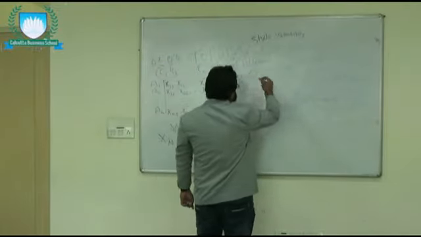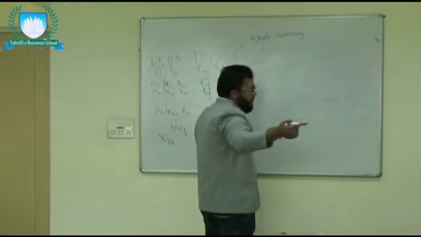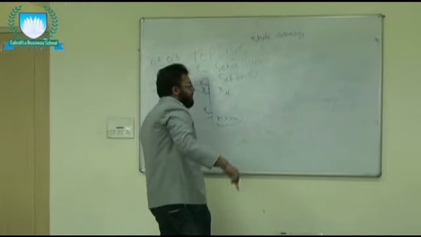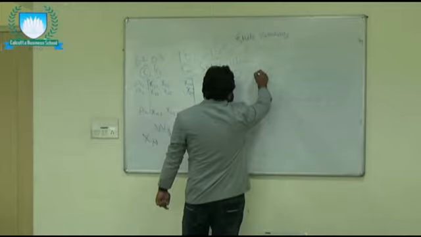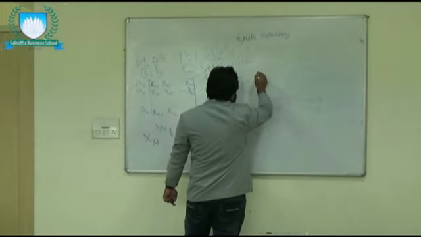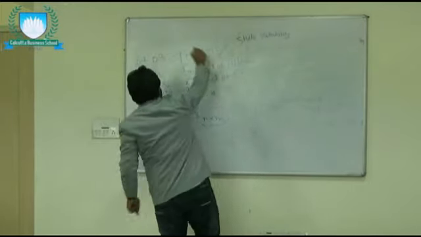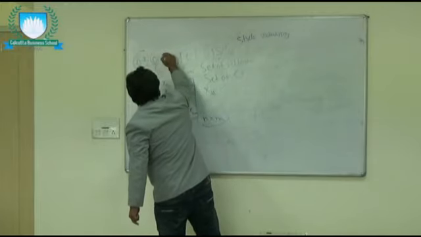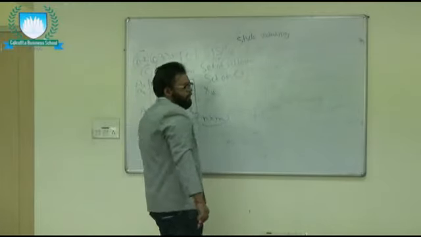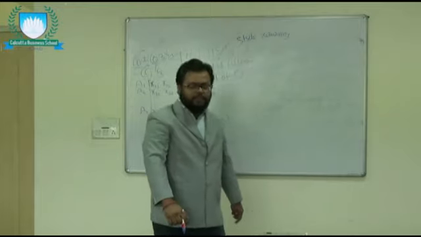Now step number 2. Once you have computed the normalized matrix, you have to consider the criteria weightage in your computation. How can you do that?